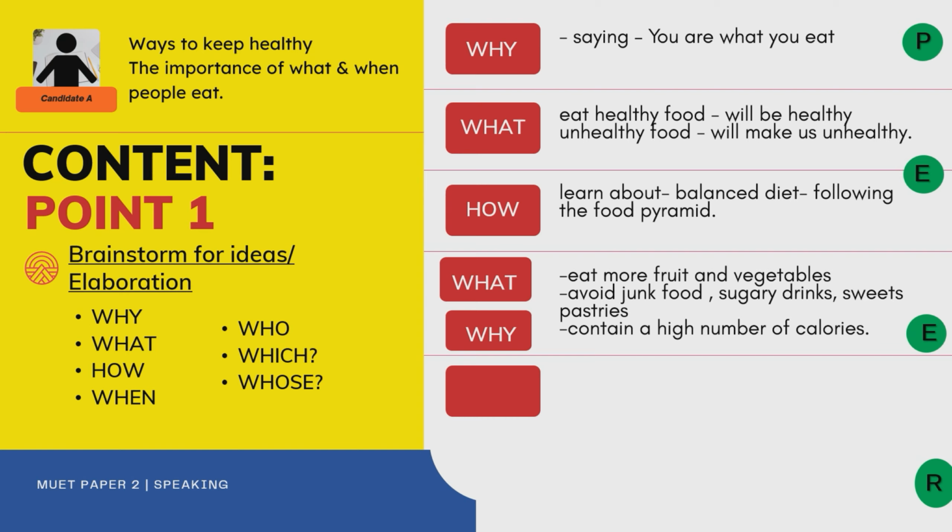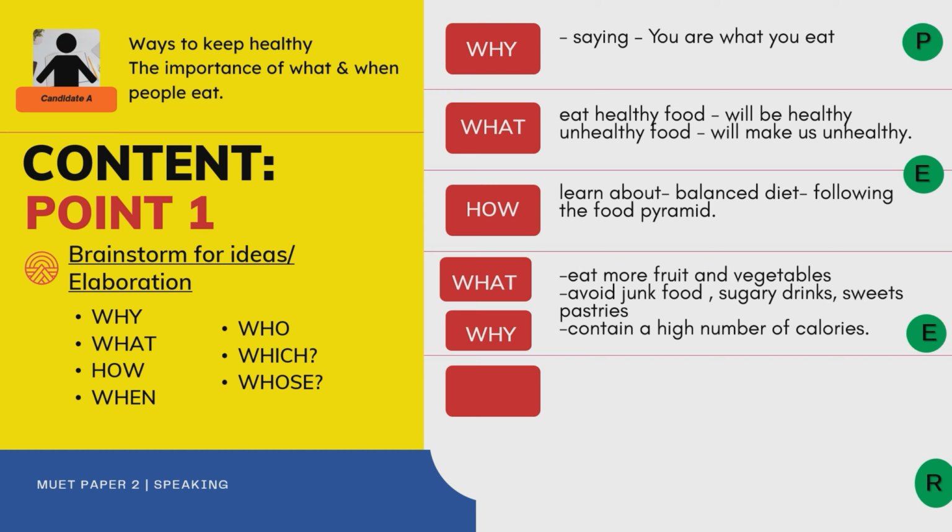Eat more fruits and vegetables. What kind of food should you avoid? We should avoid junk food, sugary drinks, sweets, pastries. And why is this food not good for our health? The answer given: they contain a high number of calories. So these are examples of food that we should avoid and that we should eat more.